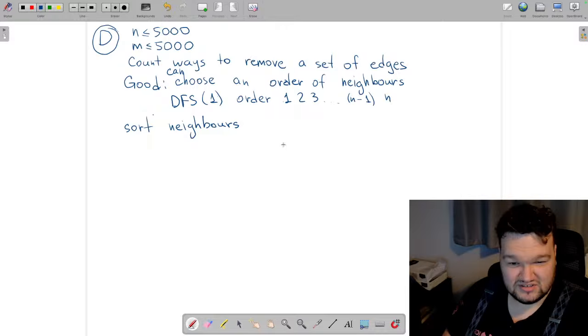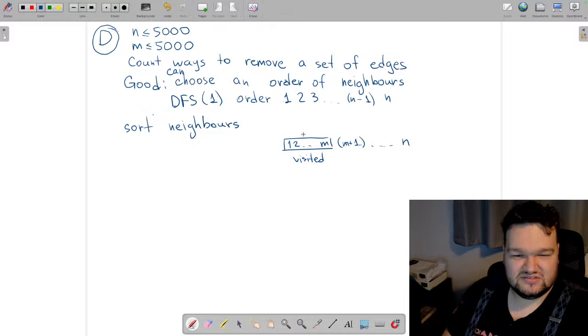So some vertices up to m are visited, and then all of those are not visited. Let's say we are staying at some vertex v. It should be in the visited part, obviously.